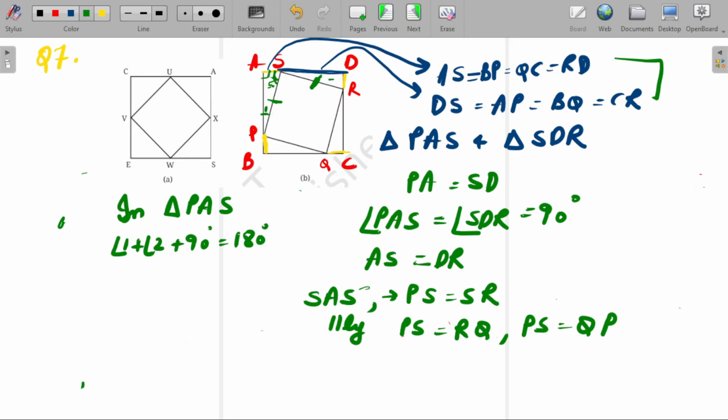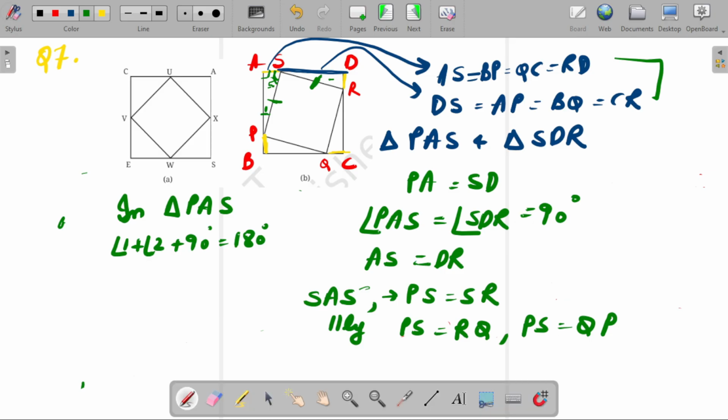Let's erase something. This is angle 1, 2 and this is angle 3. Okay? Angle 1, 2 and 3.